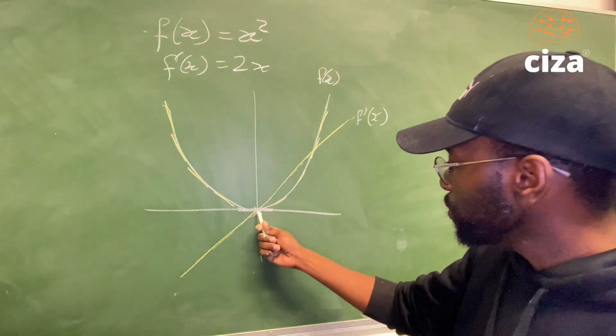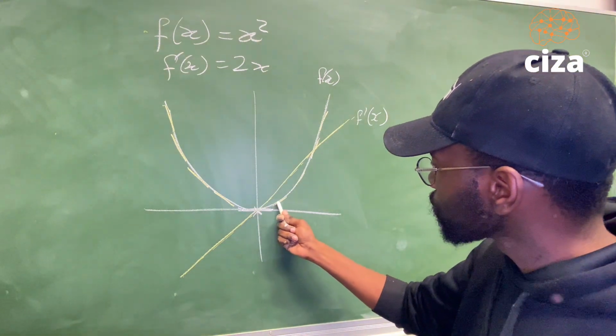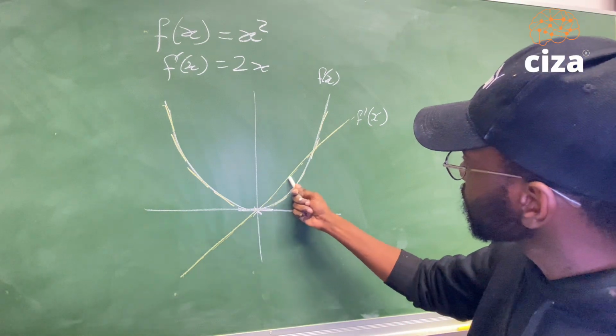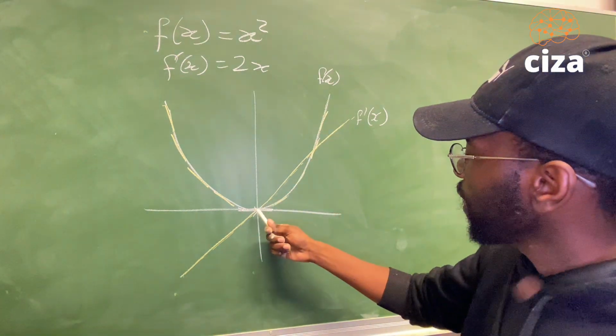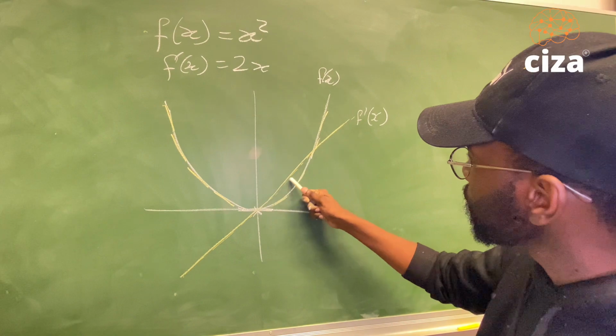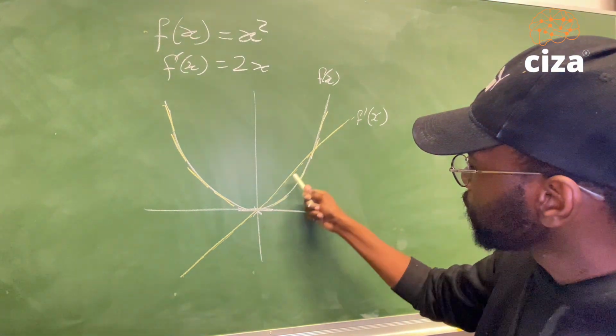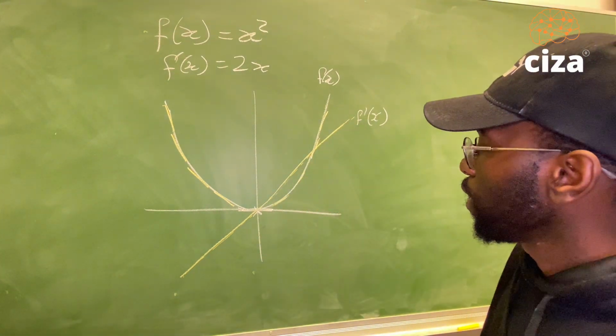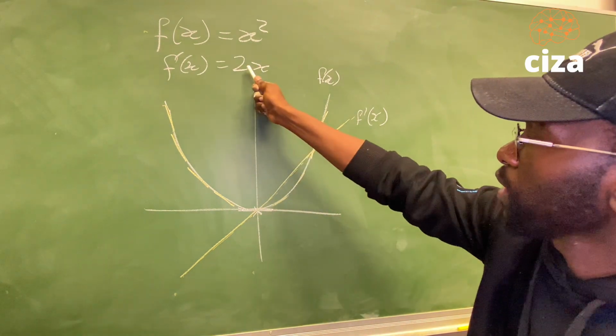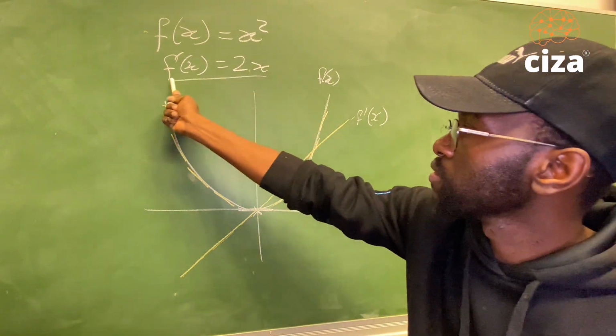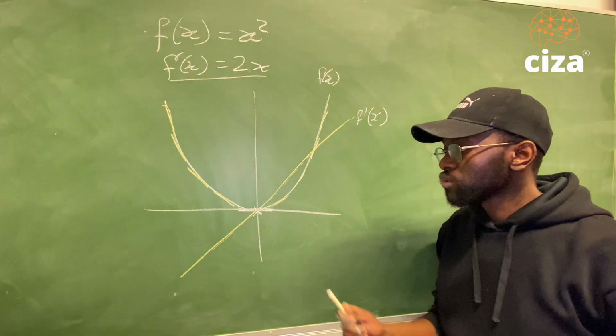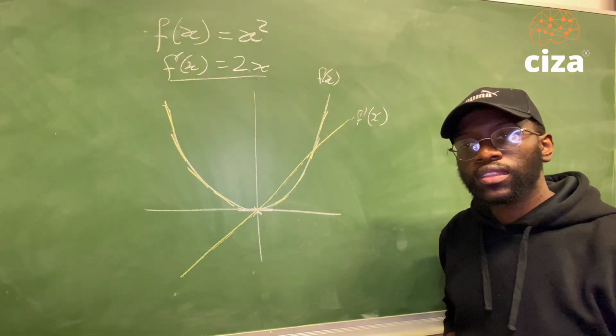So the gradient will be 0, it will become 1, 2, and then it increases just like that. And if your curve is smooth enough, then the gradient will probably give you a nice straight line like this, just like we see that the function of the derivative is a straight line. So see you in the following video.